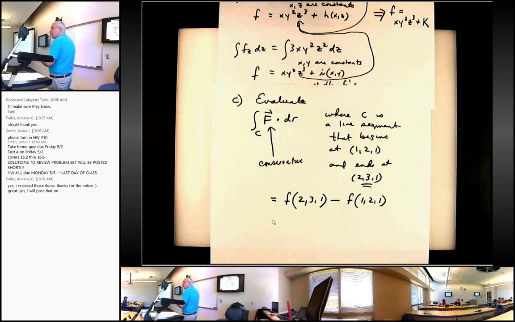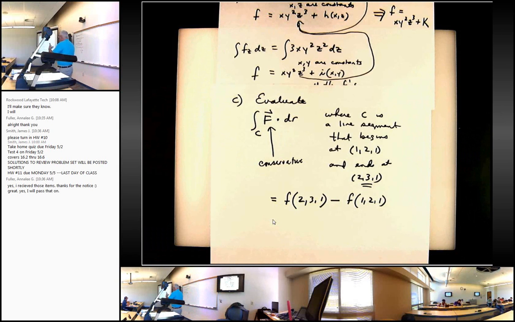That's all the calculation we have to do to evaluate that integral.